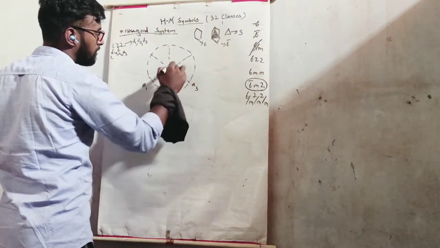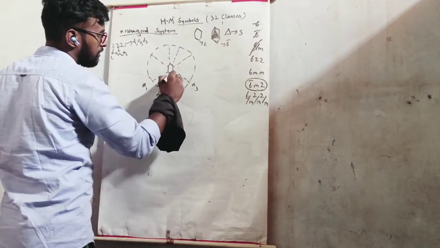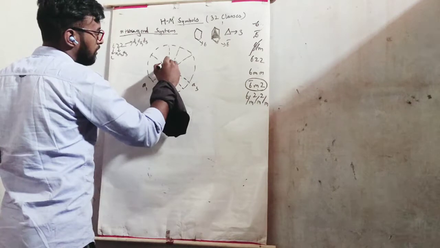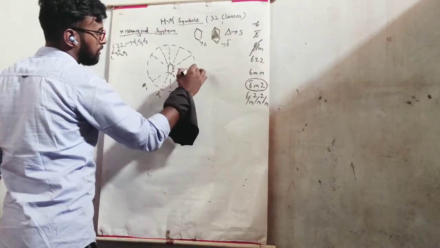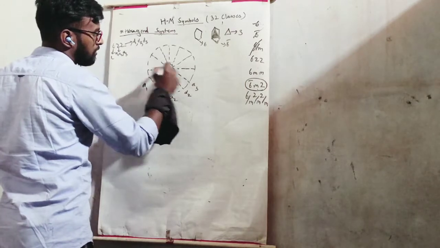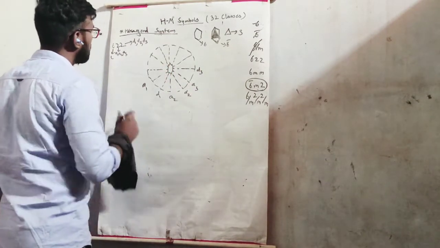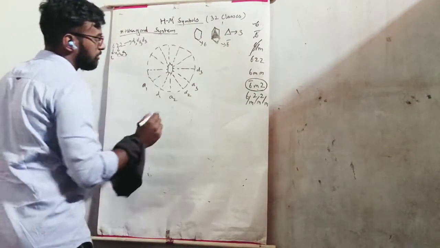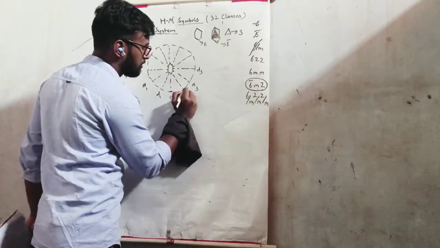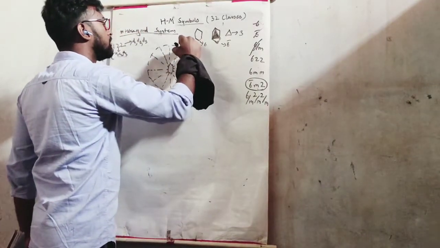This will be D1, D2, D3. First you will see that A1, A2, A3 and D1, D2, D3 are all two-fold axes. So two-fold, two-fold, two-fold, two-fold, two-fold.